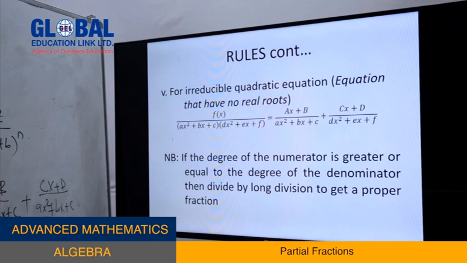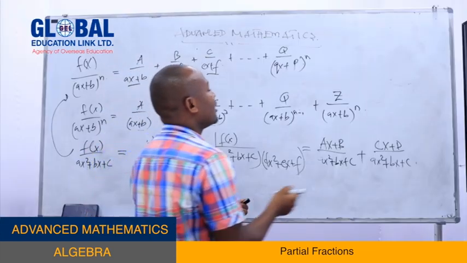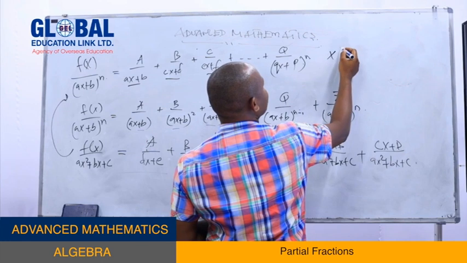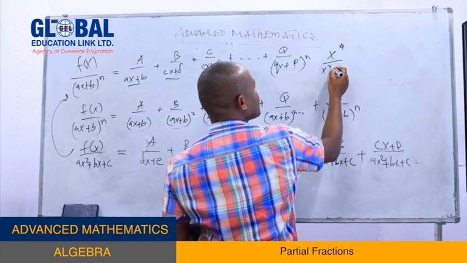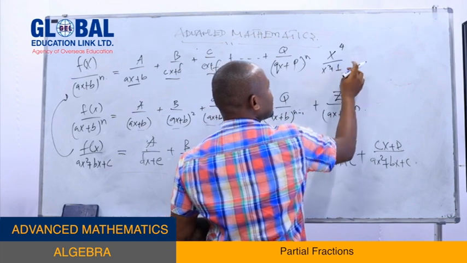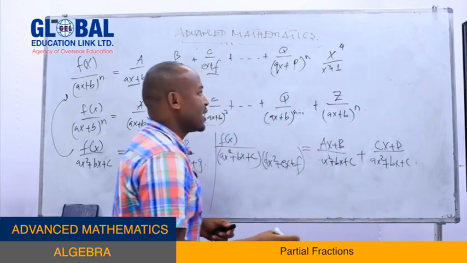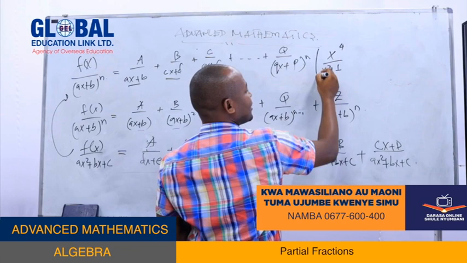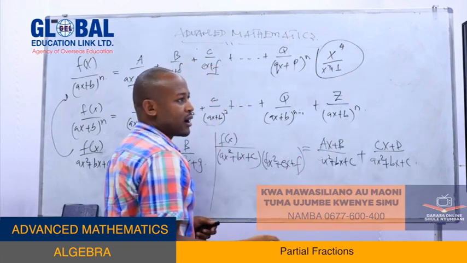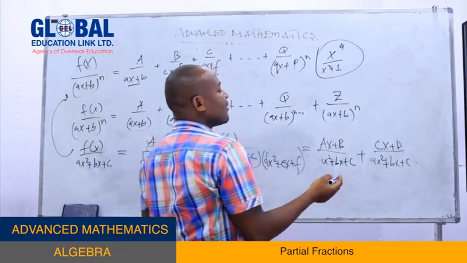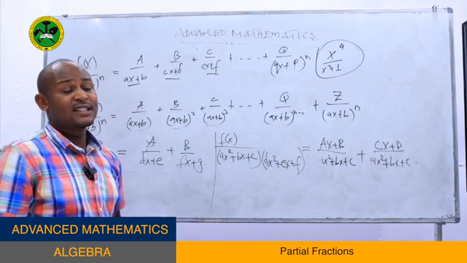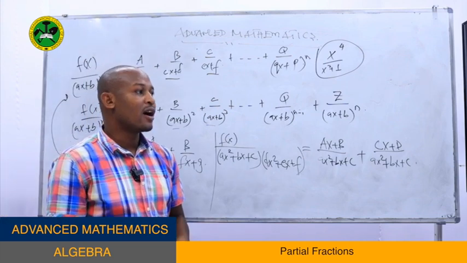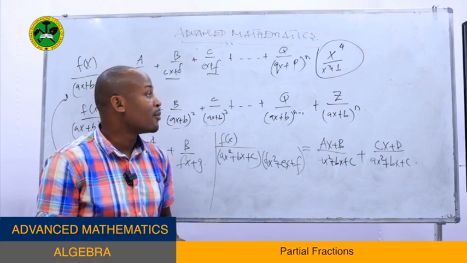So for example, we have a function, let's say x raised to 4 over x squared plus 1. So you can't partialize a function like that. We have to divide so that we can have a proper function. Now let's see a few examples on how we can partialize functions.